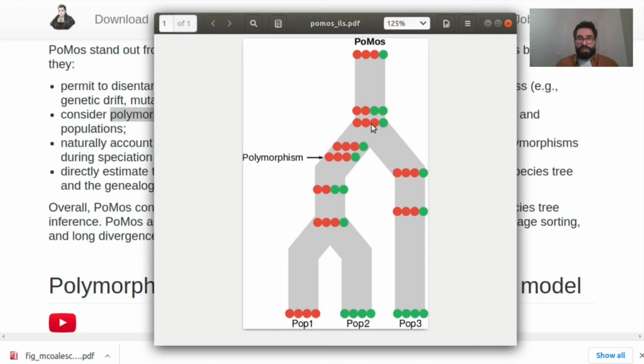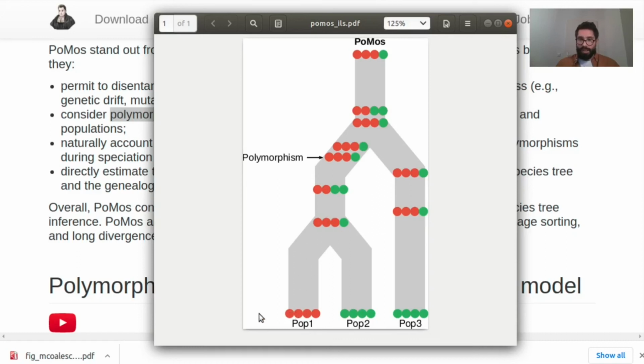However, if you see the evolution of this polymorphism in specific, so it's an ancient polymorphism, it's always present through the evolution of these three populations, and is present at the different speciation events or divergence events. And unluckily enough, when population 1 diverges from population 2, the green allele is fixed in this branch, but the red allele is fixed in this branch.